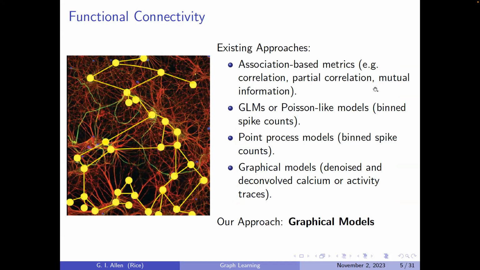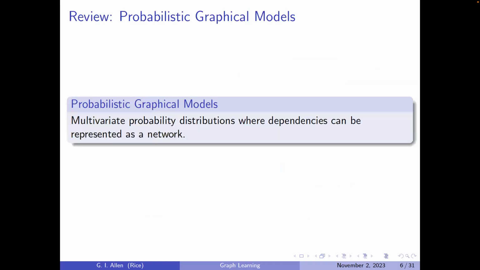So the approach in the neuroscience community is really simple. We've tried this, and there's basically no relationship, and previous literature has not established any relationship between noise correlations and synaptic connectivity. Go figure. It's just correlation. If you look at these brains and these neurons, everything is correlated, right? So we need to go a step beyond that with a much stronger form of dependence, graphical models, and that's the approach we're going to explore today.